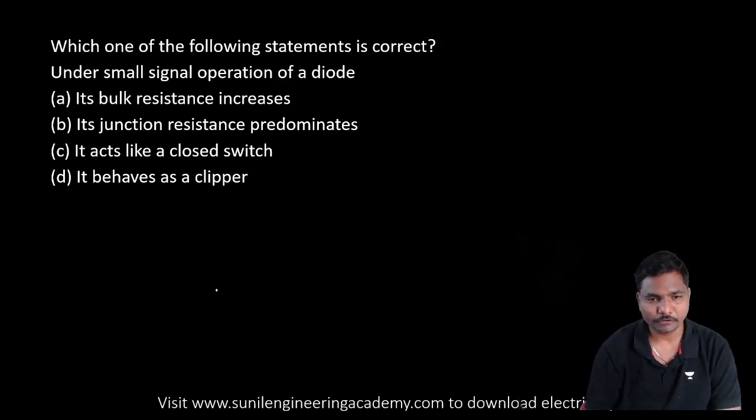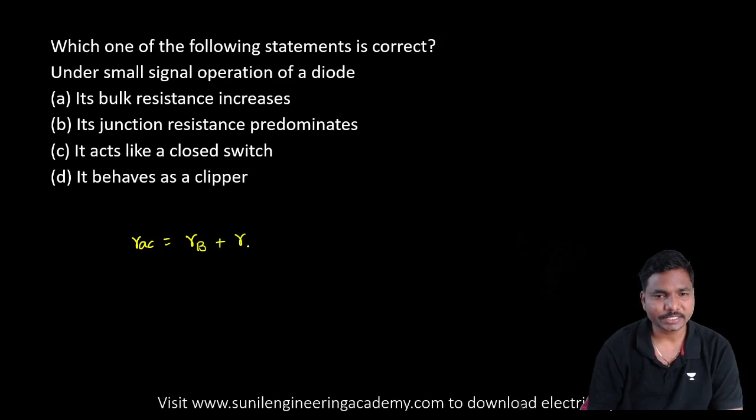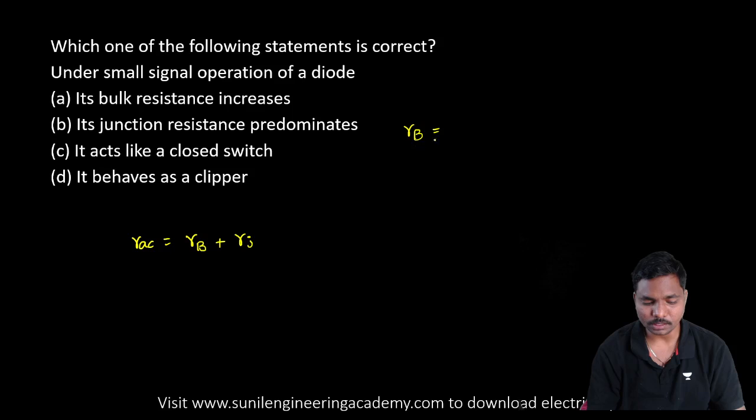First of all, consider AC resistance is equal to the sum of bulk resistance plus junction resistance. The bulk resistance is nothing but the forward voltage minus Vk by the forward current, and the junction resistance is a fixed value of the voltage by the forward current in milliamps.